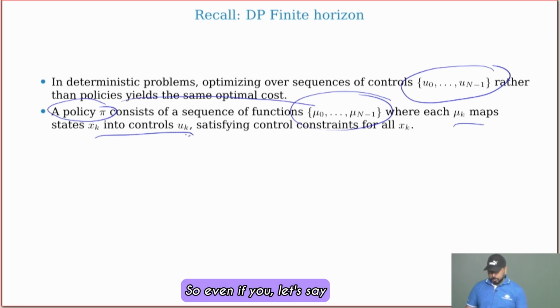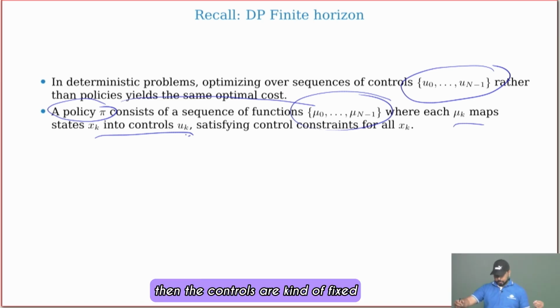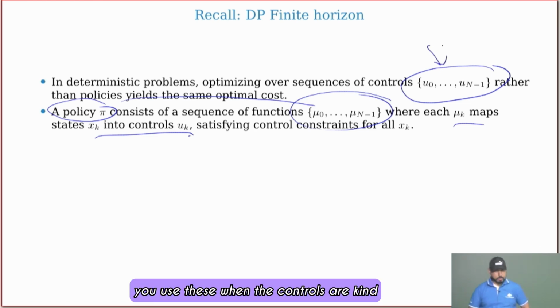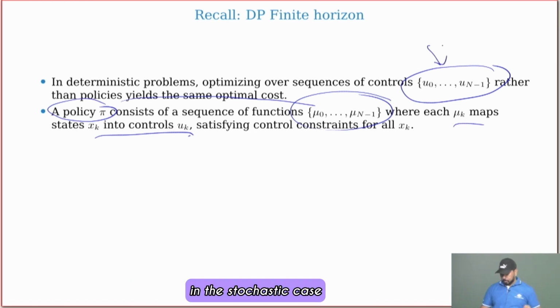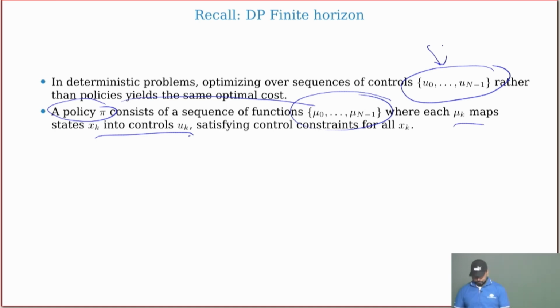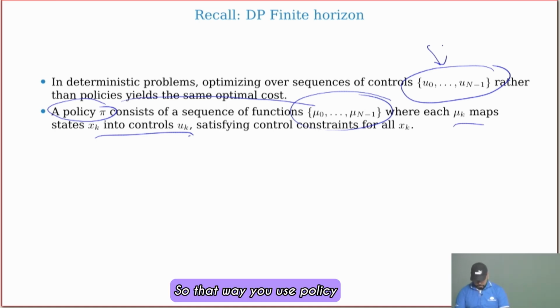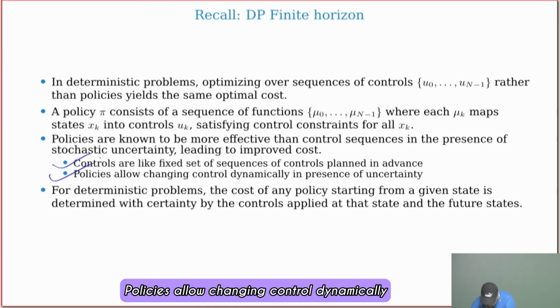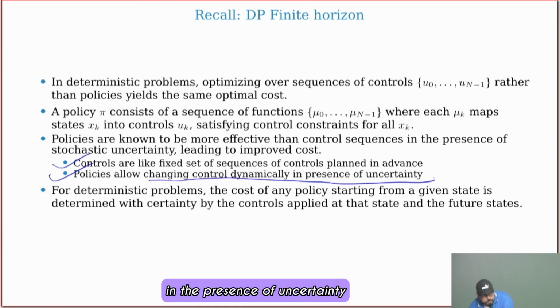If you determine a controls sequence u0, u1 up to un, the controls are fixed, but in the stochastic case, you allow some variations in the control. That way you use policy. Policies allow changing control dynamically in the presence of uncertainty. That's why we use the term policy when you are in the uncertain regime.